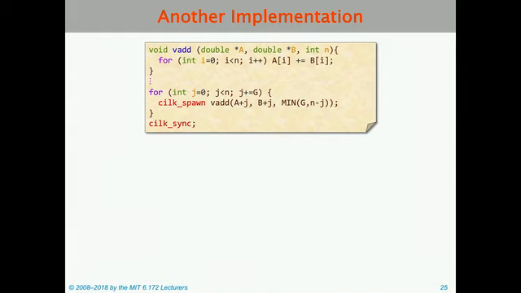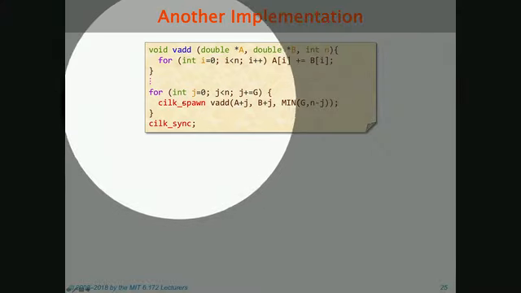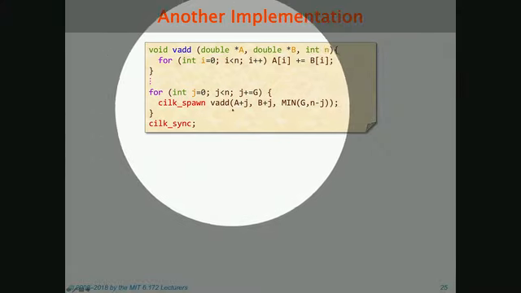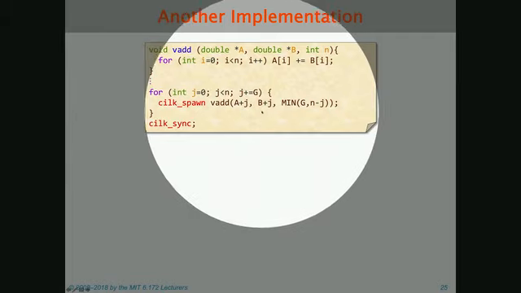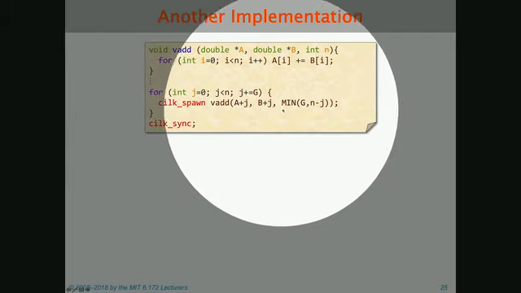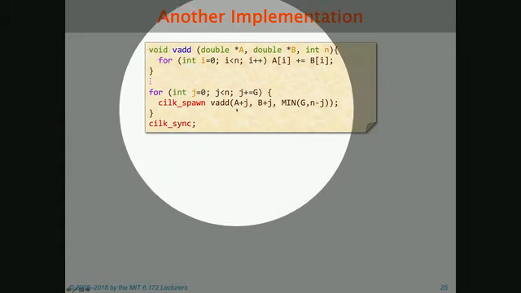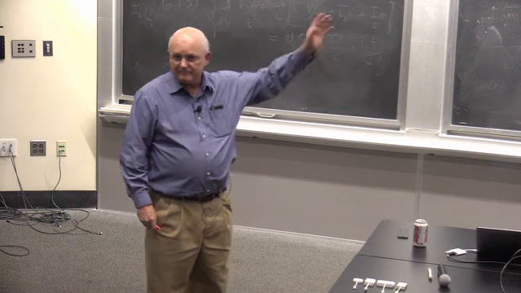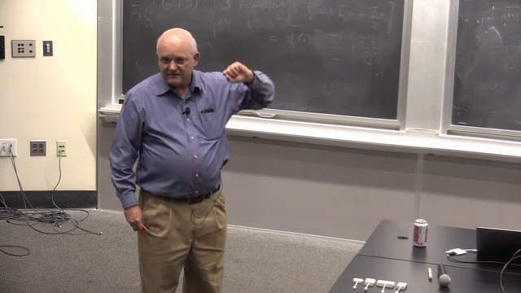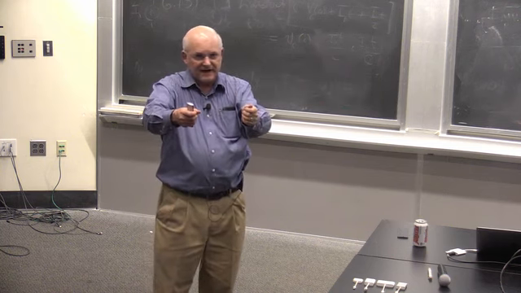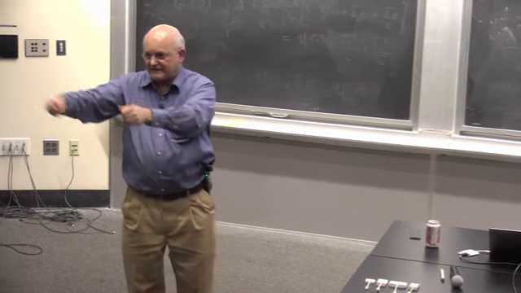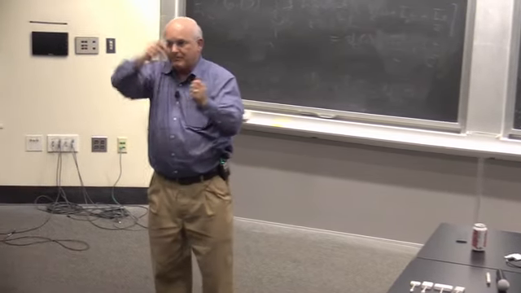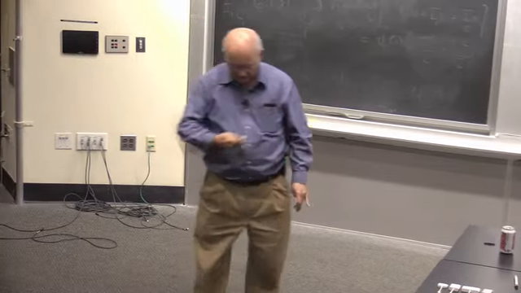Now I'm going to run through the loop here and spawn off additions, and the min there is just for a boundary condition. I'm going to spin off things in groups of G: do a vector add of size G, go on, vector add of size G, jumping G each time.